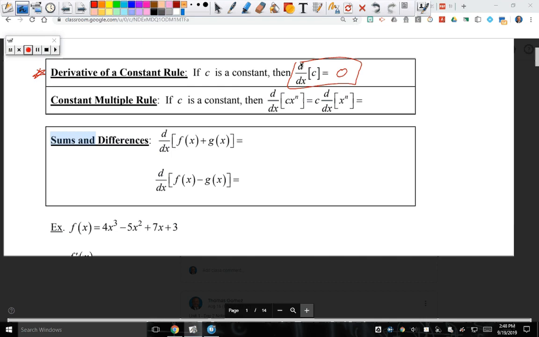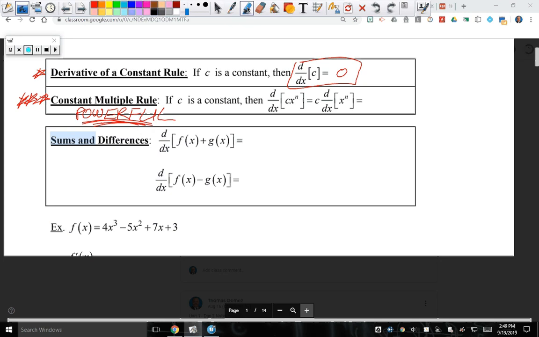Because of that, this constant multiple rule, even though it's not called the power rule, I think it's the most powerful one that you will use all year. I think it's very powerful because it makes things so much easier to look at. And you'll know what I'm talking about whenever all these integrals and derivatives have all these numbers and variables mixed in.